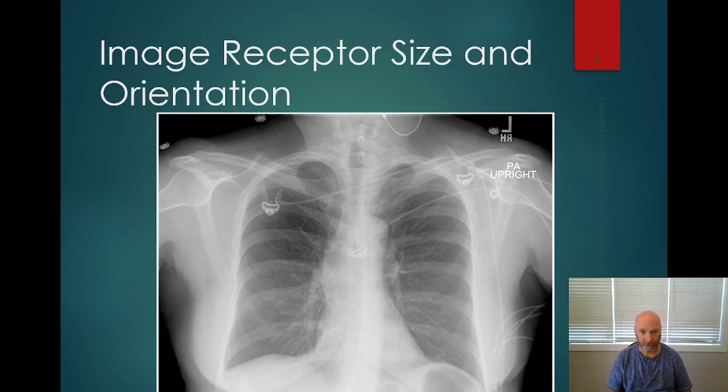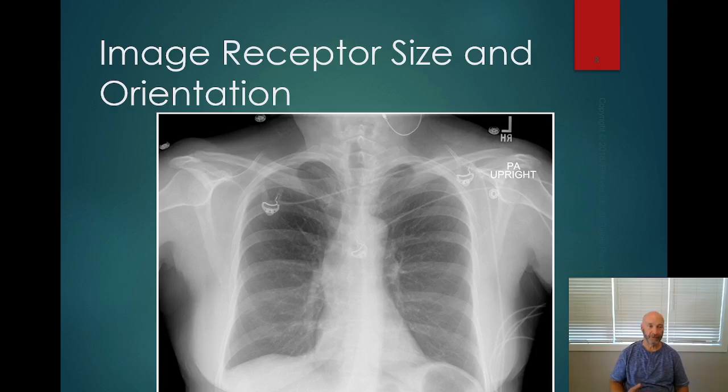So there is also an orientation consideration as well. If you have an image receptor that is not square, like a 14 by 17 image receptor, then you need to consider its orientation as well.